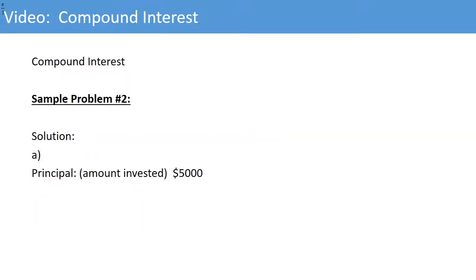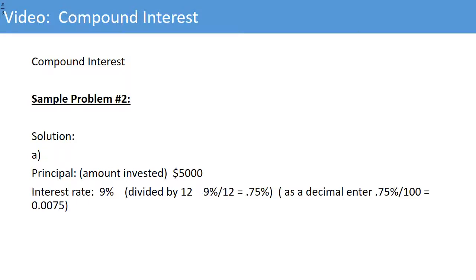So, the principal amount we leave. The interest rate, we divide 9% by 12 and we get 0.75%, divide by 100 and we get the decimal 0.0075. The term we multiply by 12, 4 times 12 is equal to 48.